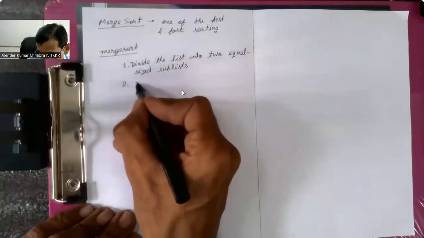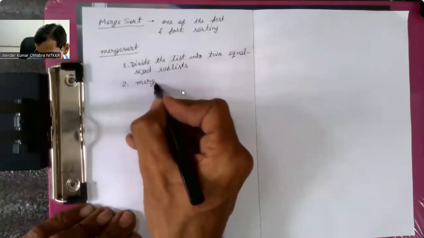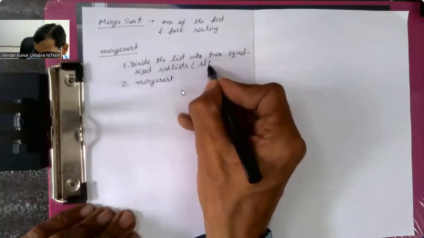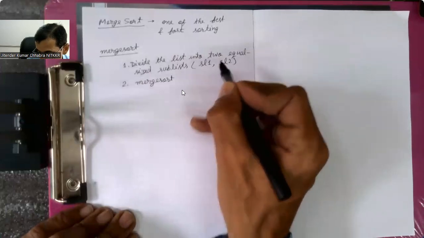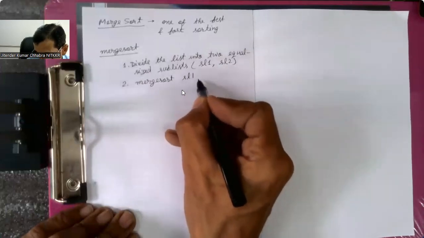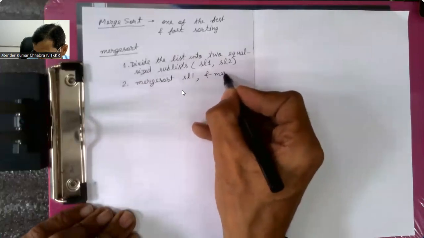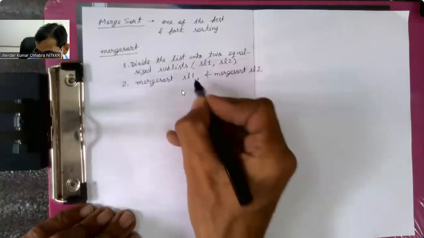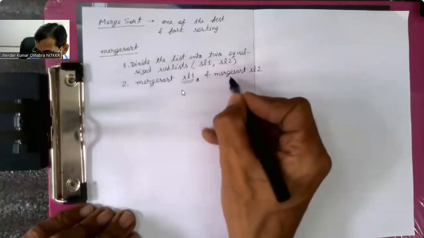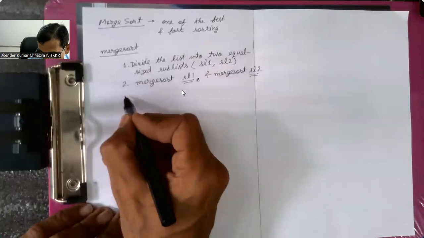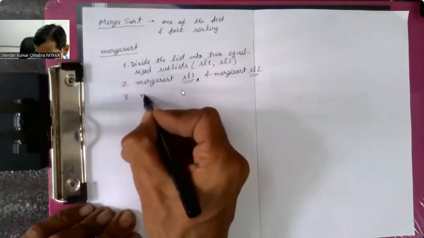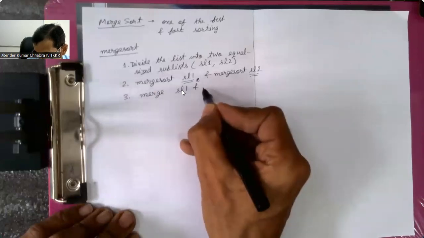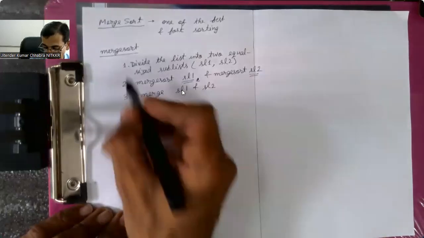Then it says merge sort sublist 1 and merge sort sublist 2. Both lists are individual lists now and both will be merge sorted. And then I say merge sublist 1 and sublist 2. That's it.